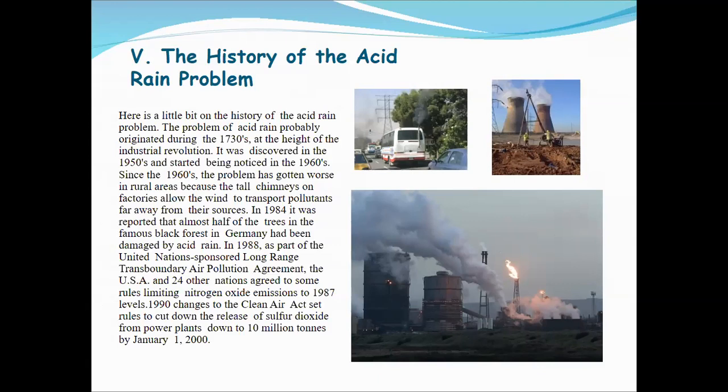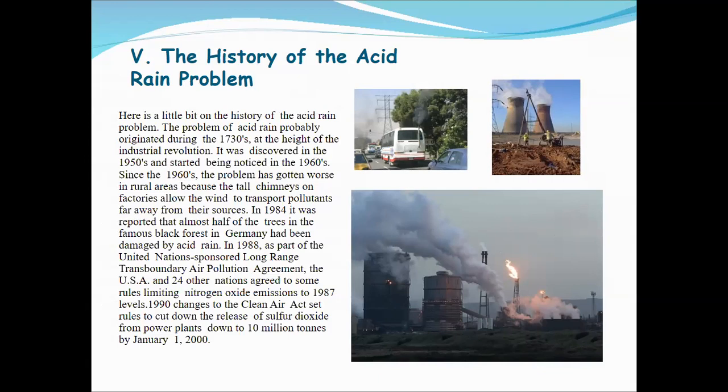It was discovered in the 1950s and started being noticed in the 1960s. Since the 1960s, the problem has gotten worse in rural areas because the tall chimneys on factories allow the wind to transport pollutants far away from their sources.